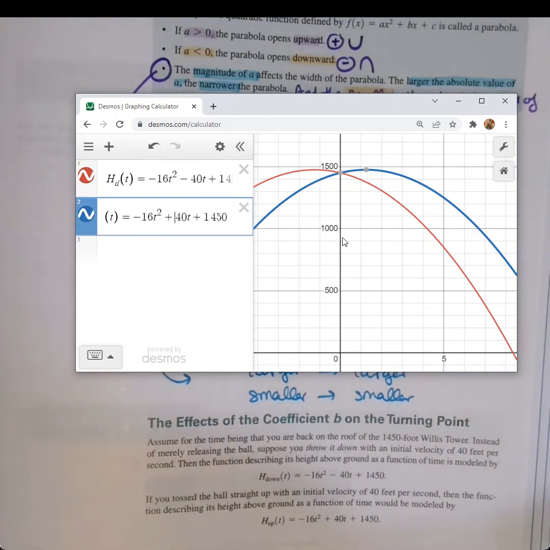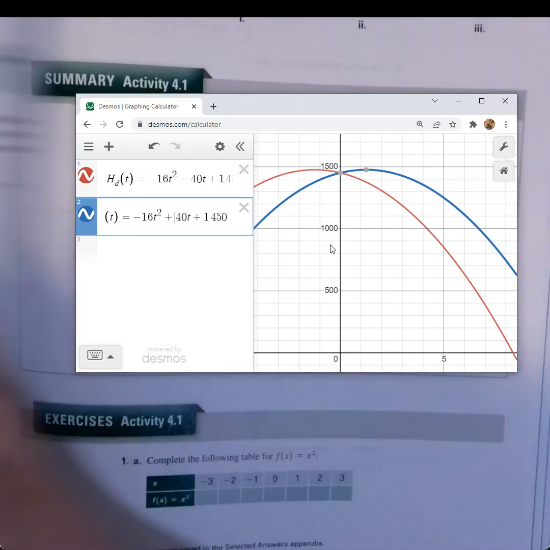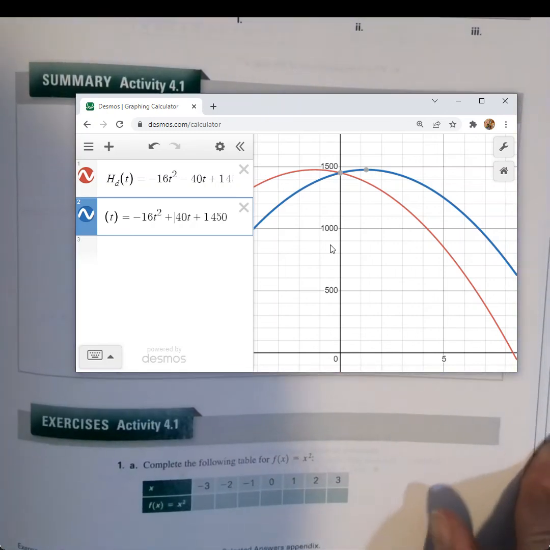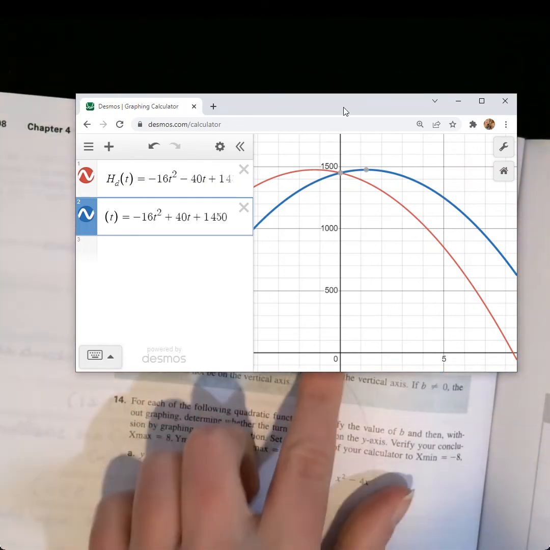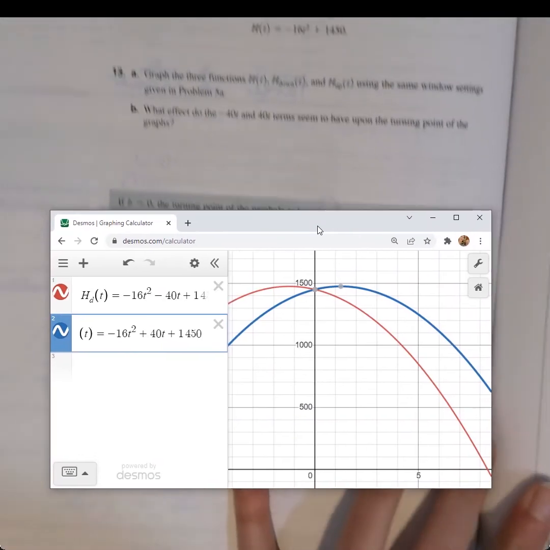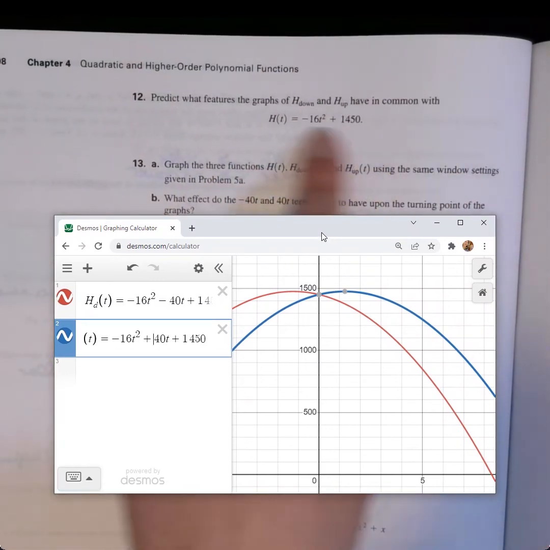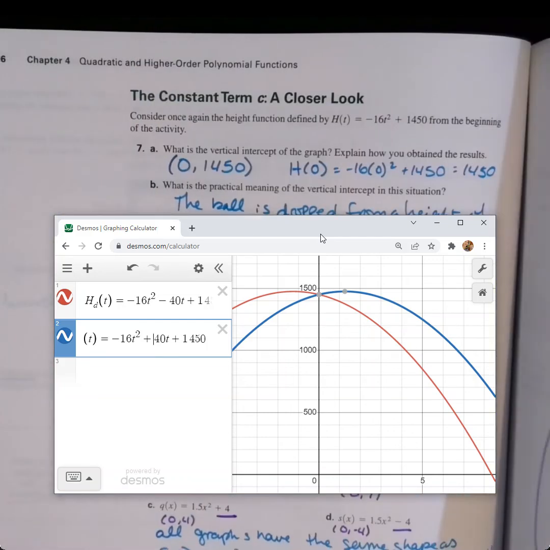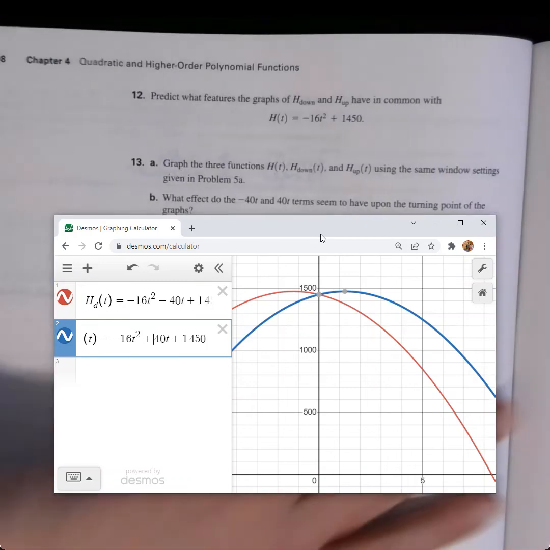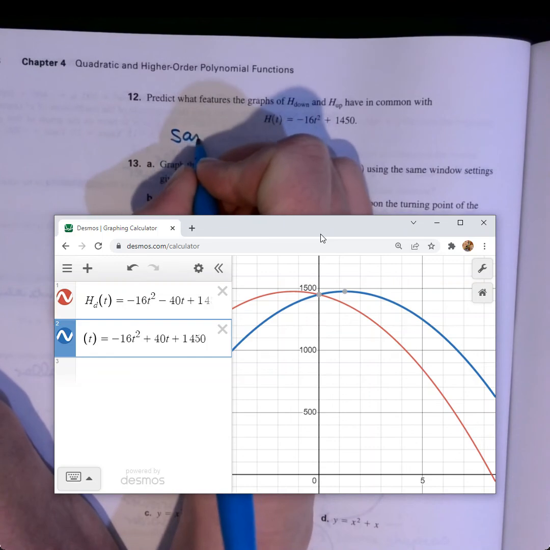All right. Now I want to compare these functions with, I want to predict actually before I compare. So I want to predict what features the graphs of h down and h up have in common with this one. Okay, so I'm going to predict, was I not supposed to graph them because I did already? Whatever, maybe I wasn't supposed to graph them yet, but I'm going to predict that they have the same shape.